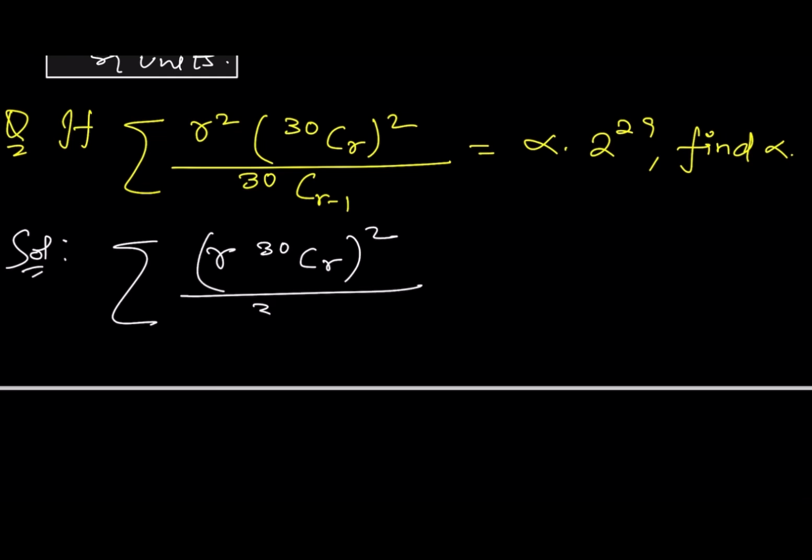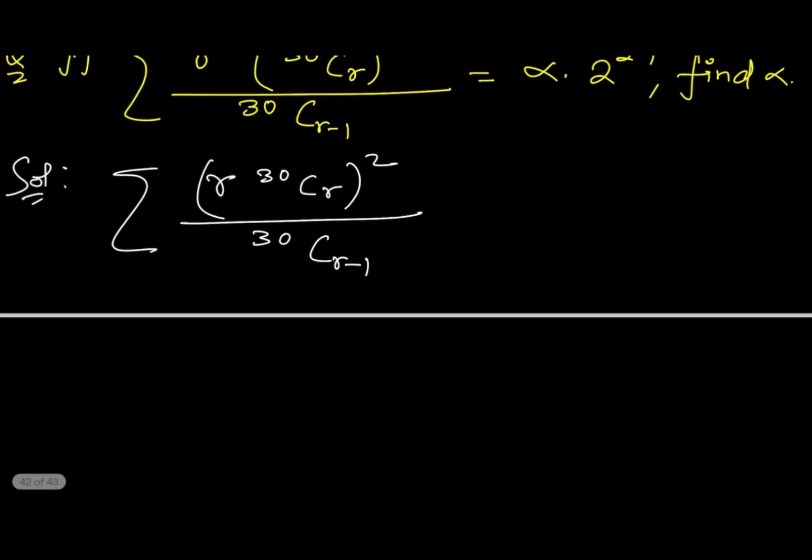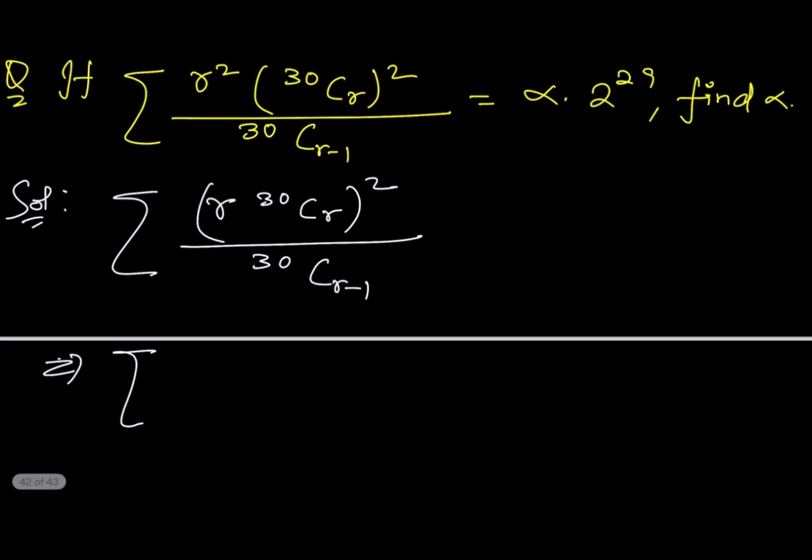Why have I written this form? As I know, nCr is n upon r, (n minus 1)C(r minus 1).